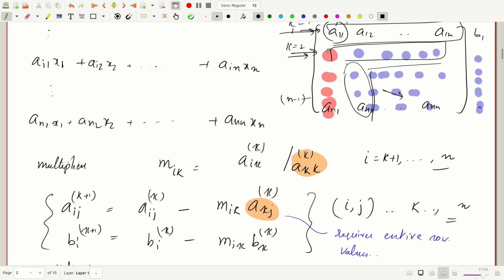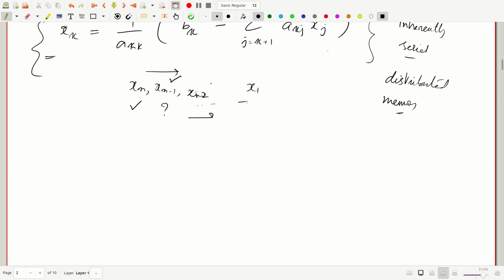That means if k equals n minus 1, that is, we are doing the last step, then only the elements in the nth row get modified. Everything above it will not be modified.